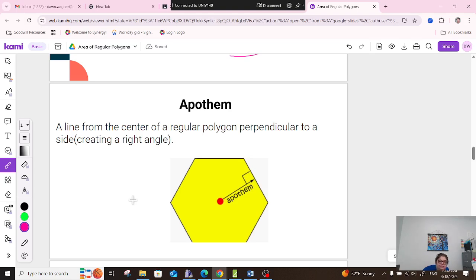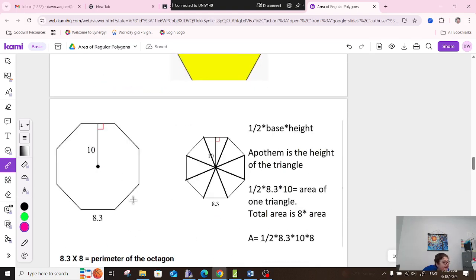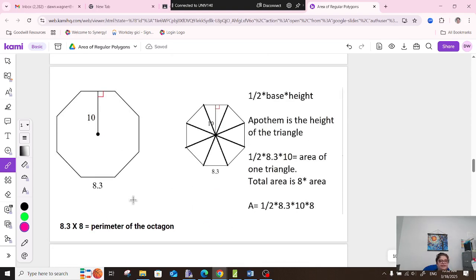No? Can I move on to the next slide? This is not on your paper. This is a proof of why we use this formula. Do you see that when I draw an apothem and I draw from the vertices to the center, I make a bunch of congruent triangles going all the way around?